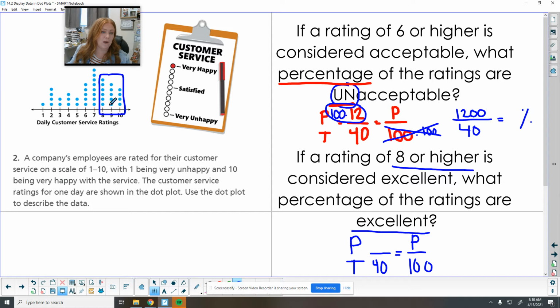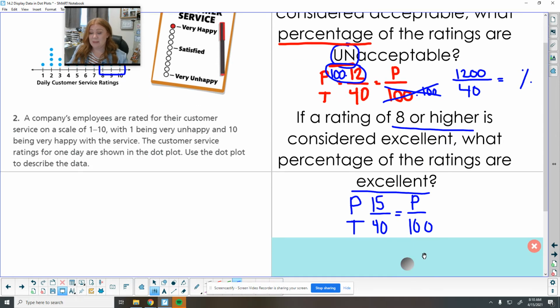So here's 4, 8, 9, 10, 11, 12, 13, 14, 15. So this time we have 15. So we need to get, again, P all by itself. So the opposite of divide by 100 is to times by 100. So these cancel out.